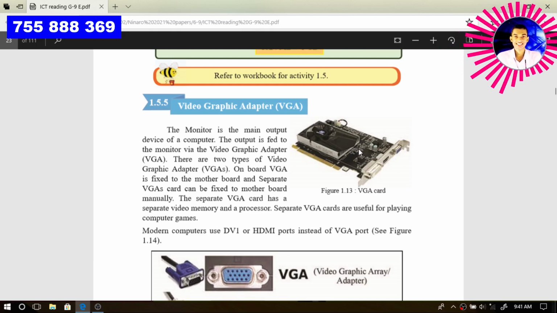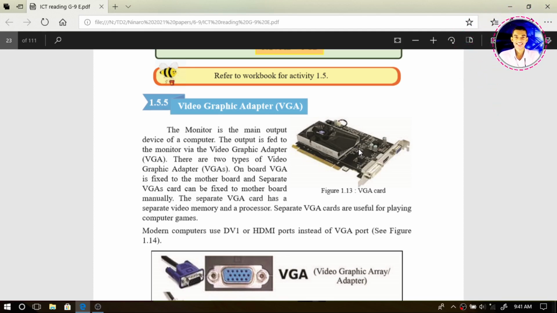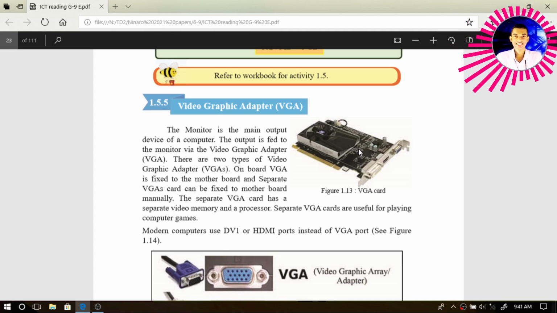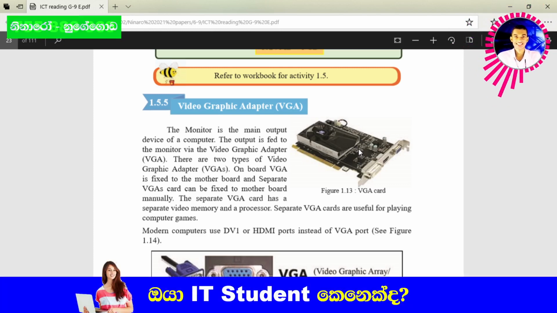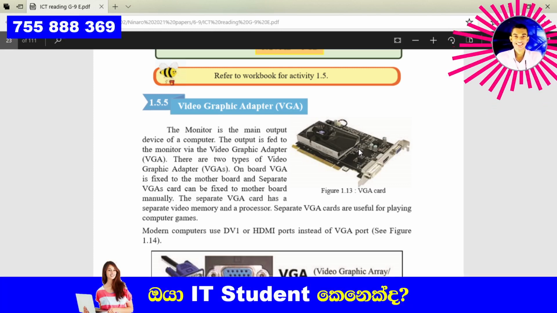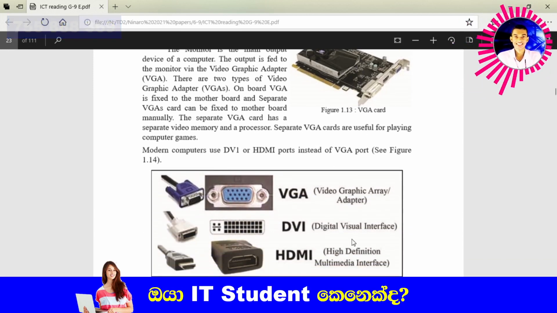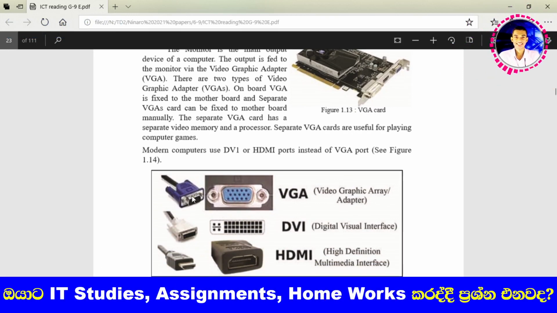If we have a VGA card with high memory, we can see smooth videos and smooth images. Nowadays we can use VGA cards with high capacities. In classical computers, the classical VGA card types were used.